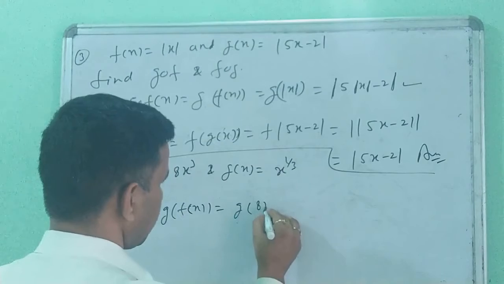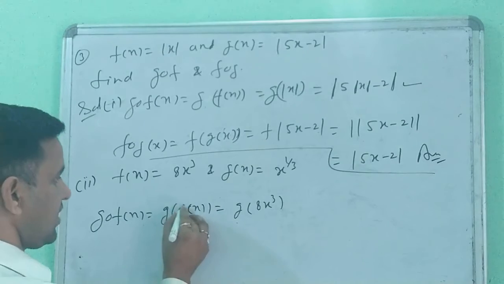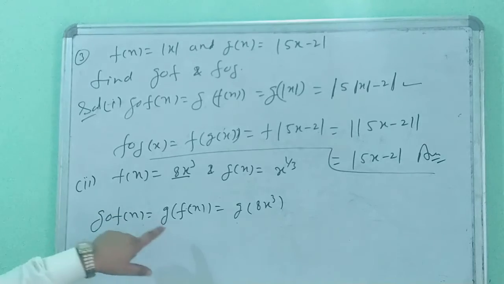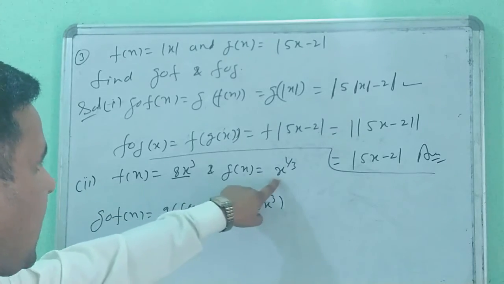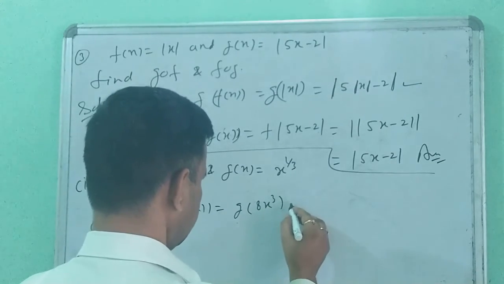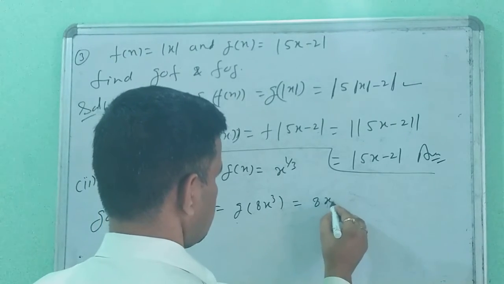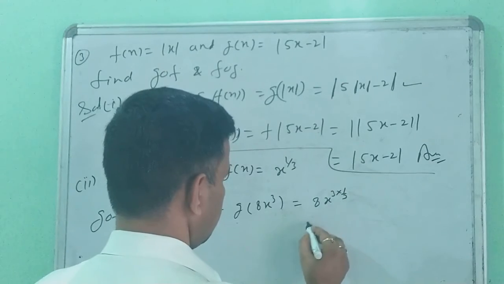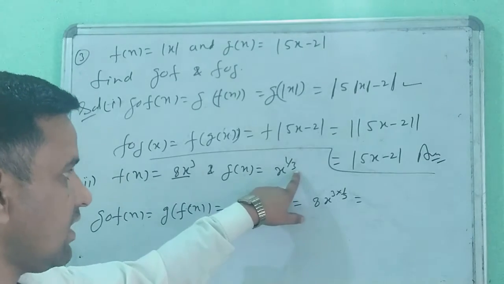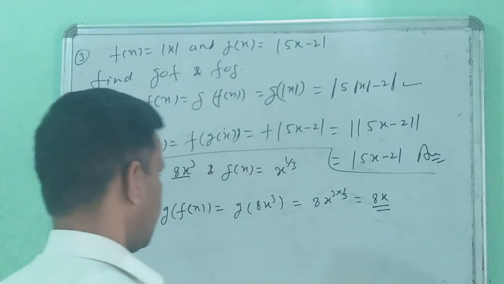Then write g(x), which is x to the power 1 by 3. So you write 8x cube to the power 1 by 3. The answer becomes: the exponent has only x cube, the 8 is inside, so 3 and the 3 cancel. This is your answer, 2x.